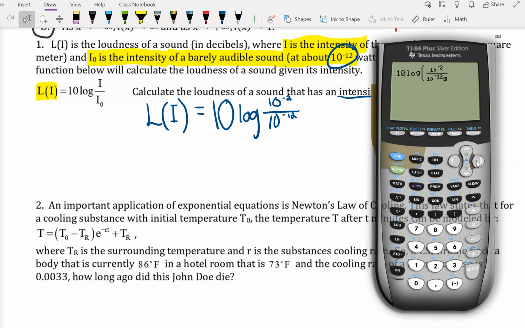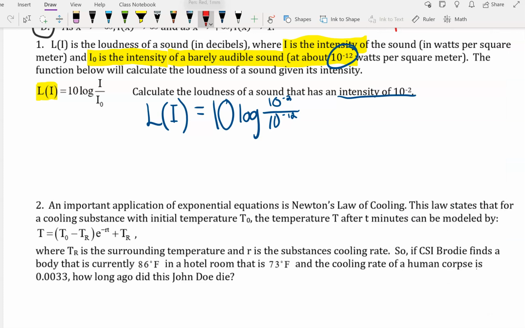And then, I don't know that it's fully necessary in this problem, but just in case, I'm going to close my parentheses. And I get 100. So L of, I guess I could have put 10 to the negative 2, is going to be 100. So when the intensity is 10 to the negative 2, our answer is 100. All you really need to put is 100.